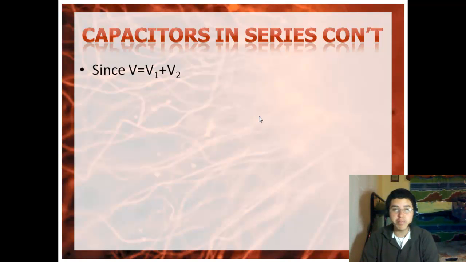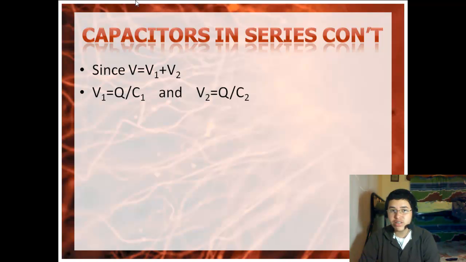And since we have said before that the total voltage equals the summation of the individual voltages, we can say that the first voltage equals the charge divided by the first capacitance, and the second voltage equals the charge divided by the second capacitance.